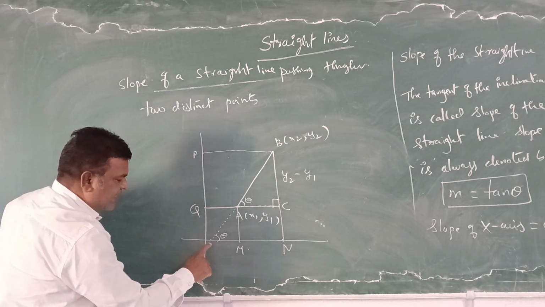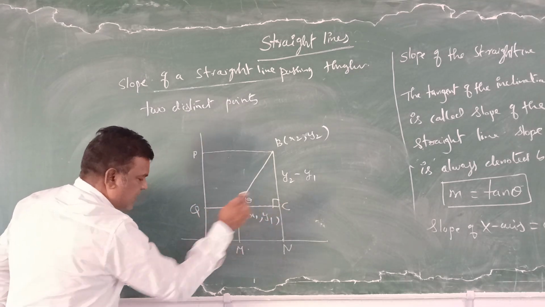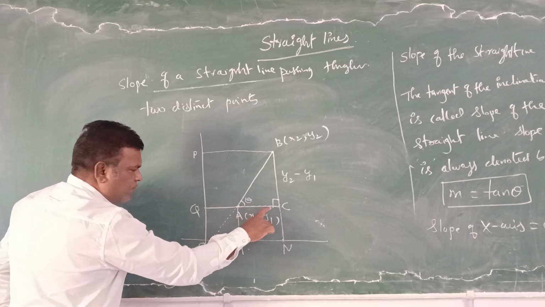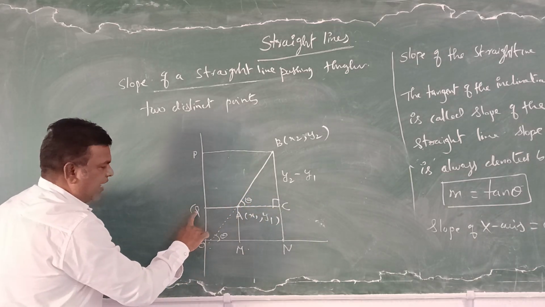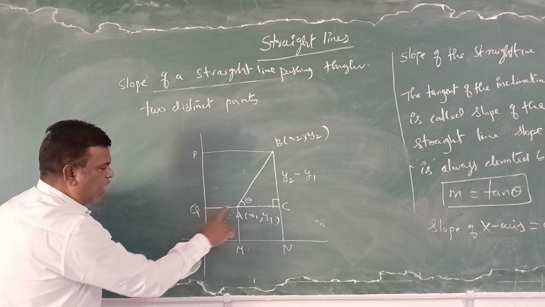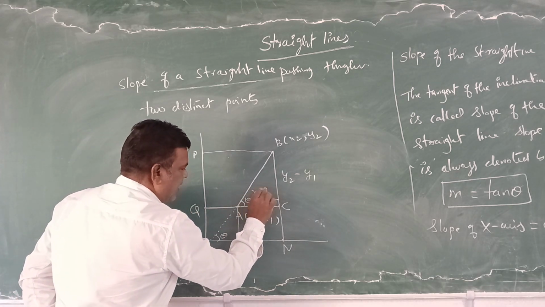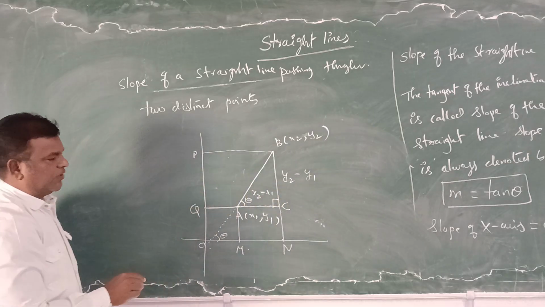Similarly, QC or ON is x2 and OM or QA is x1. This will be x2 minus x1.